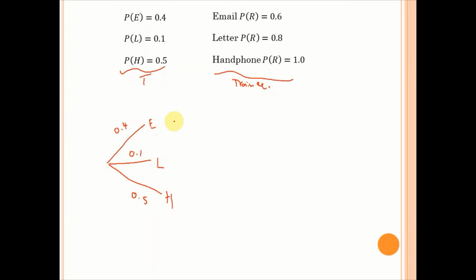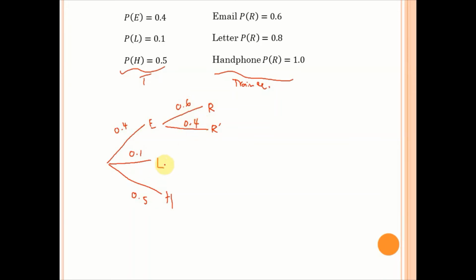Kalau dia use email, so dia hantar next untuk bahagian receive. Kalau use email, probability untuk receive is 0.6. So kalau receive, the other alternative is not receive, ataupun I will letak R prime. We know that total probability must be 1, therefore probability of not receive would be 1 minus 0.6, 0.4.